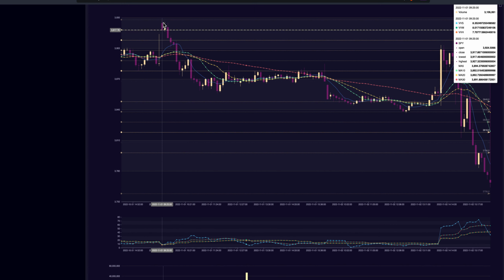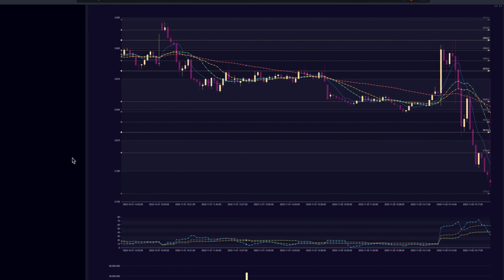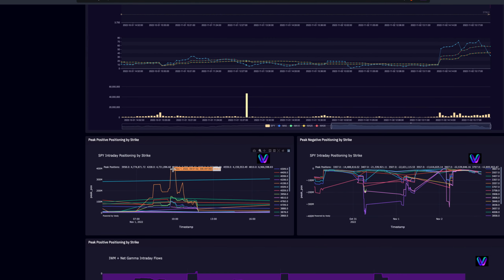We did actually close above, right at the open, and then from there it started to drift down, and a lot of that is because that peak position was a major positive position. You can see from a historical basis, right here, it's insanely high in comparison to everything else. When you've got that position screaming higher and then it starts to decay, you know people are starting to pull out of that position. When they pull out, what's going to happen?